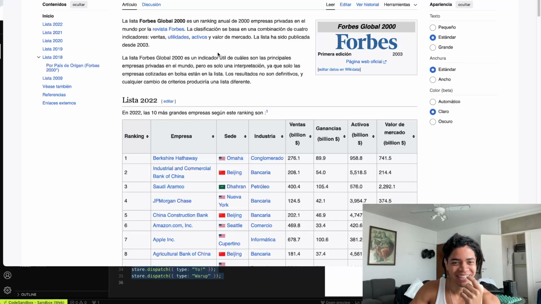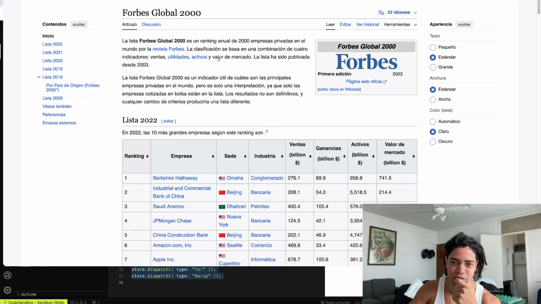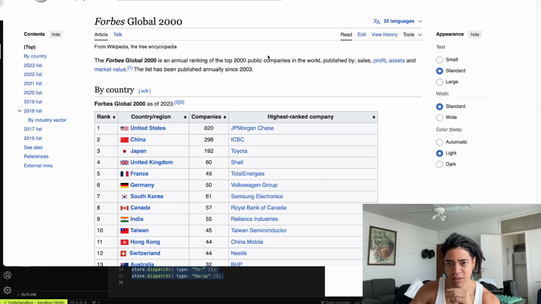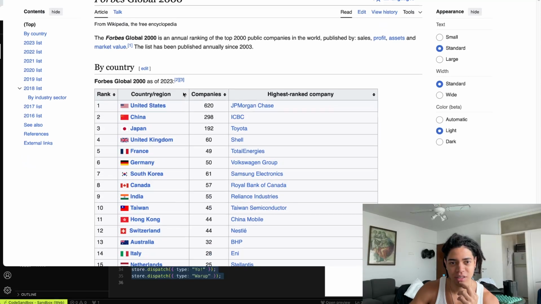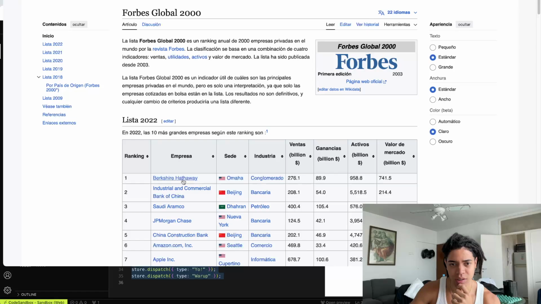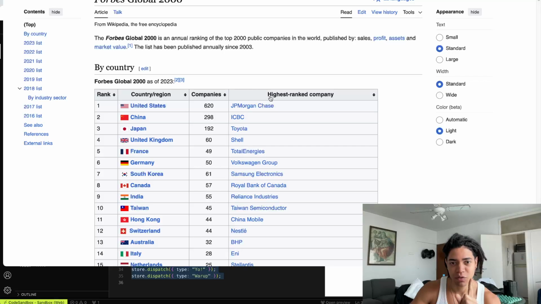Forbes Global 2000 is a ranking of 2,000 public companies, published by sales, profit, assets and market value. In 2023 they say JP Morgan, but here you have this in 2022, and this is 2023.